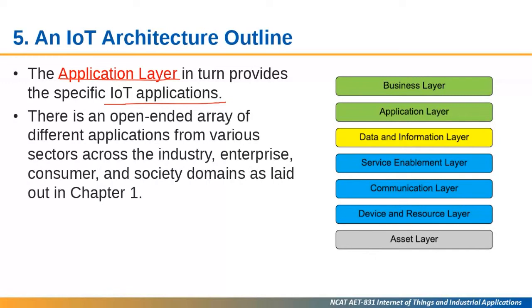That's part of the application layer. This is an open-ended array of different applications from various setups across the industry. So you have health monitoring apps, you have entertainment apps like YouTube. You also have social media apps, something like that. So they all belong to the application layer.